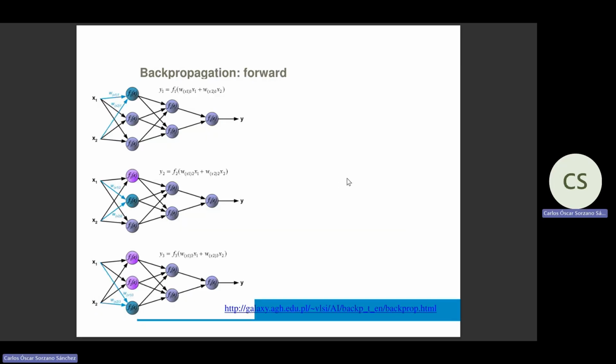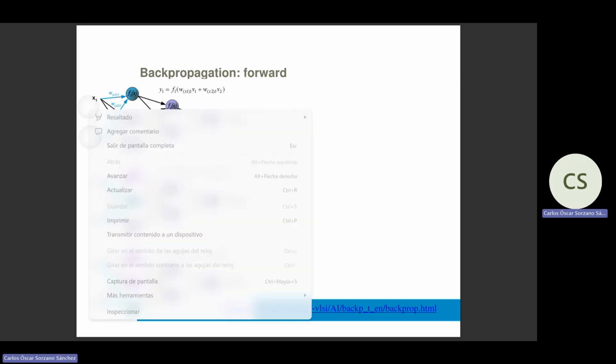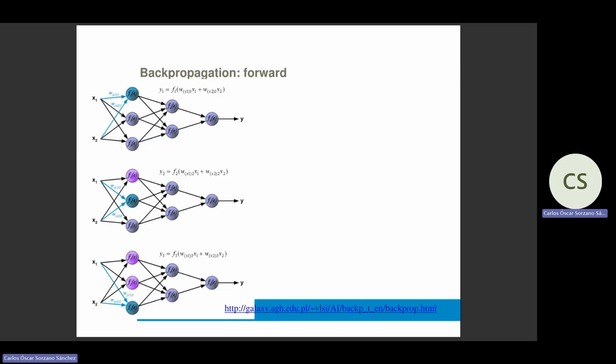Okay, then let's take a very simple network like this one, and let's follow the forward propagation, so the information from the input to the output. So you take this input and you have to compute the output of this neuron. So the output will be: you multiply the two inputs by the two weights, and then go through the nonlinear function.